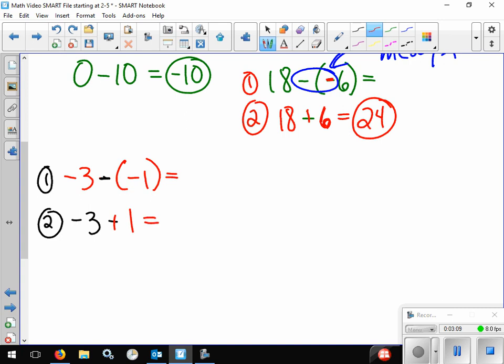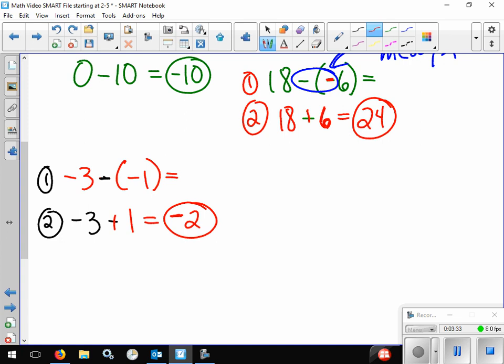So negative 3 plus 1. This is where you have to be careful. Negative 3, you owe me money. You come in and give me $1. Are we good? No, you still owe me money. Don't steal from me. You owe me $2, negative 2. You still owe me money. So be careful.